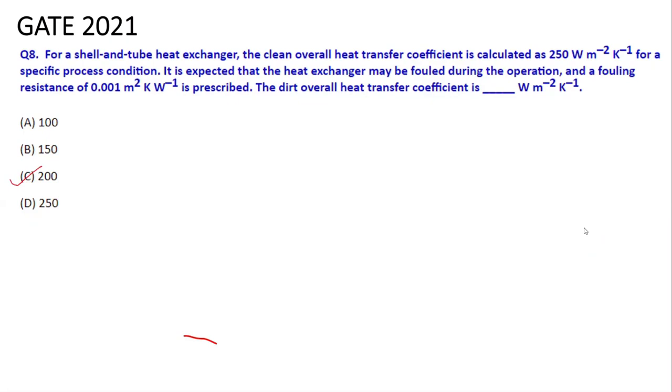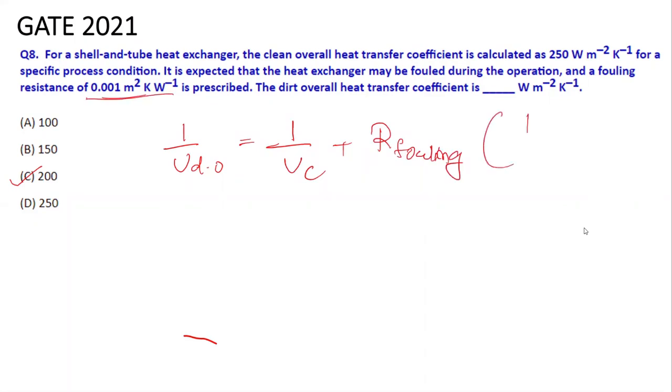So the solution is as follows. You need 1 by U overall, which includes the dirt also. I mean the dirt overall HTC, U_D, is equal to 1 by U clean plus the resistance because of fouling. Had it been given in terms of HTC, you would have written this as 1 by U because of fouling.